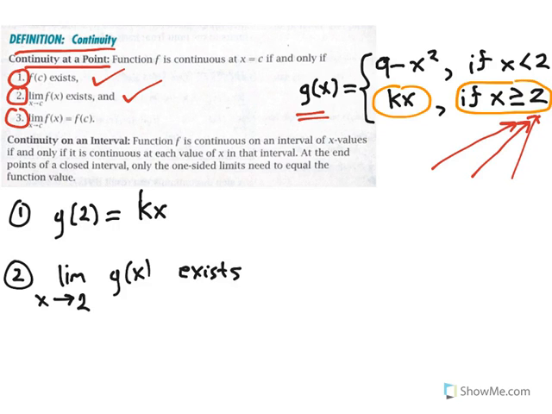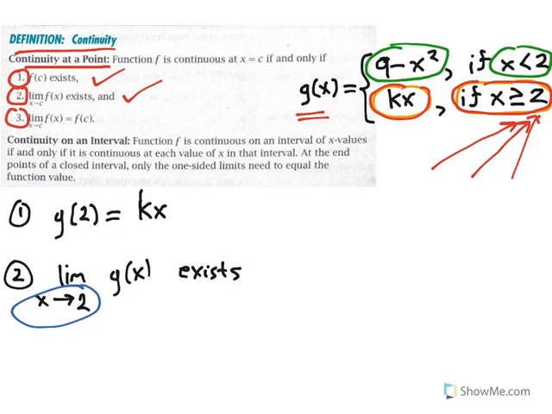How will we make sure that happens? Make sure you are aware that we actually have two different rules for the function g. One if the input values are less than 2, and a different one if the input values are greater than 2. So you have to consider what's happening as x is approaching 2 from values that are less than 2, and you also have to consider what's happening as x is approaching 2 from values that are greater than 2.